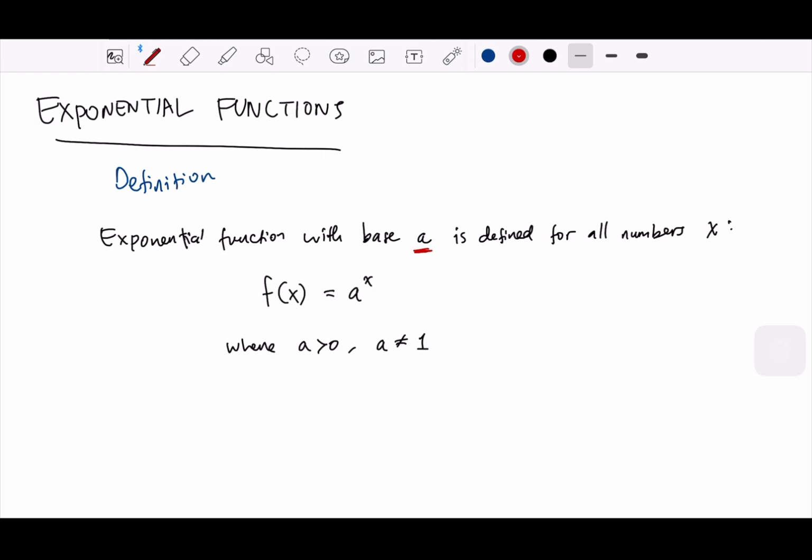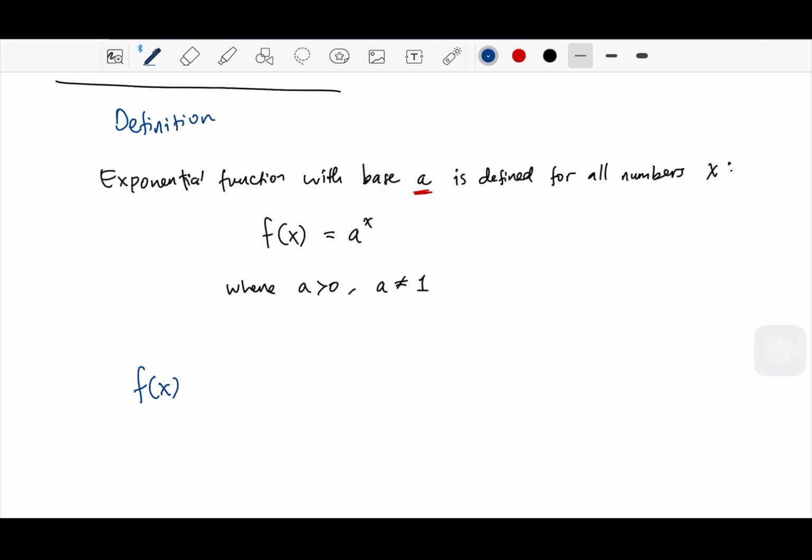So we could write f of x as 2 to the power of x. We could say this is also exponential. g of x is 5 to the power of x, and so on and so forth.